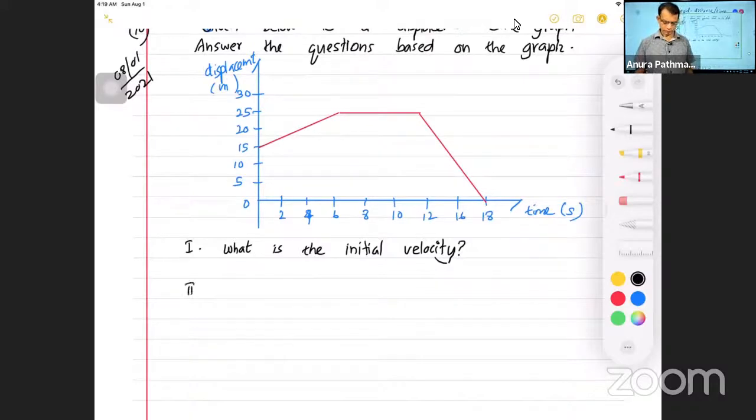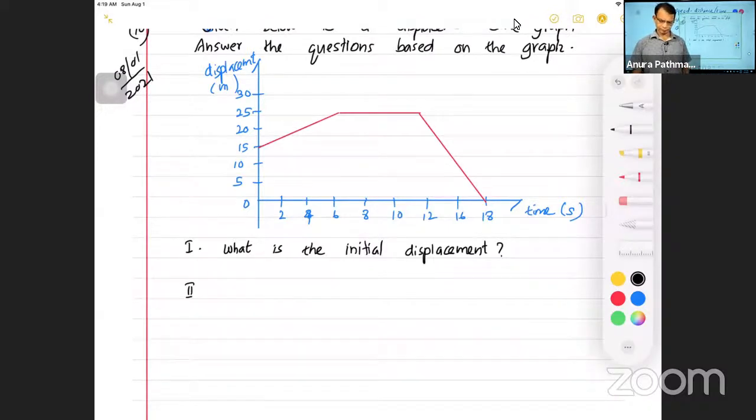Second question, I'm sorry, not velocity, what is the initial displacement?